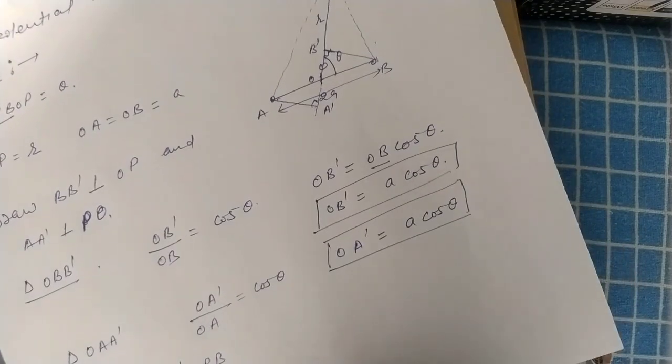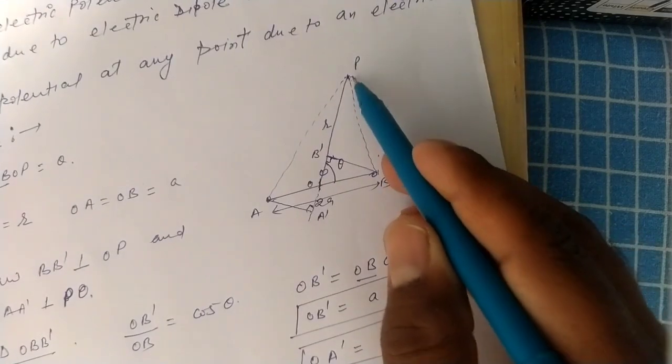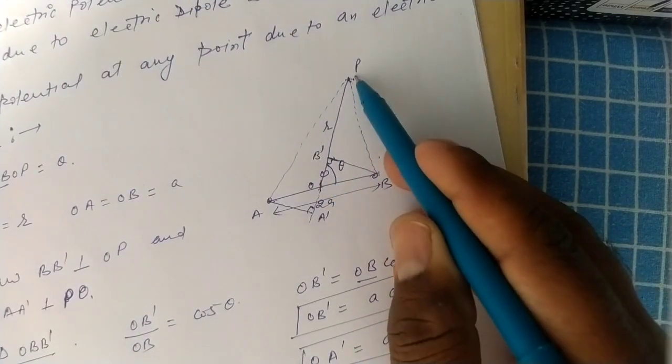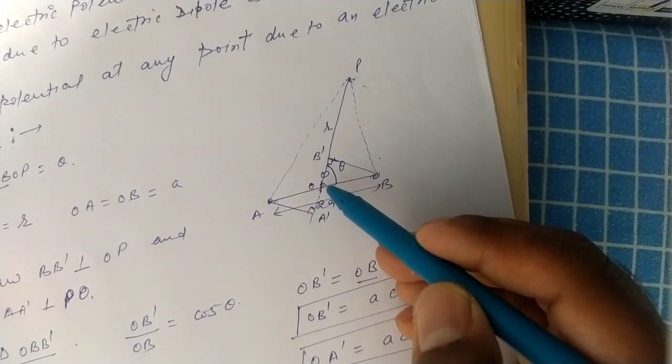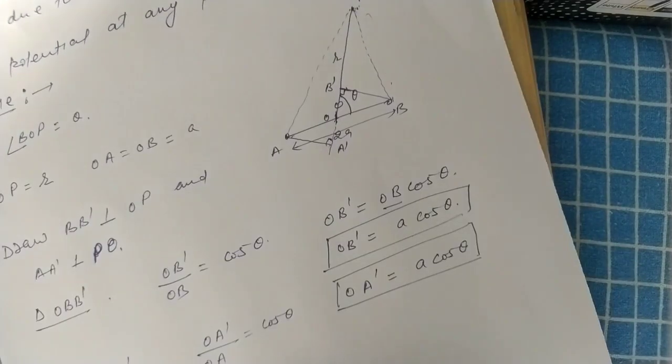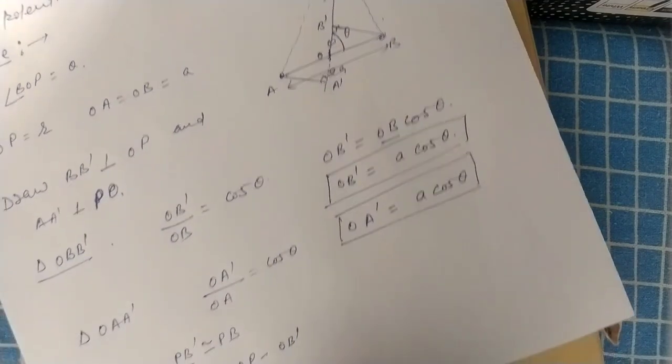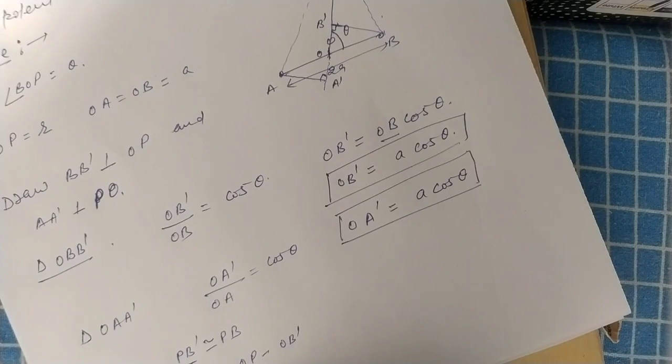How can we write PB dash? PB dash means OP minus OB dash, and OP is equal to R.